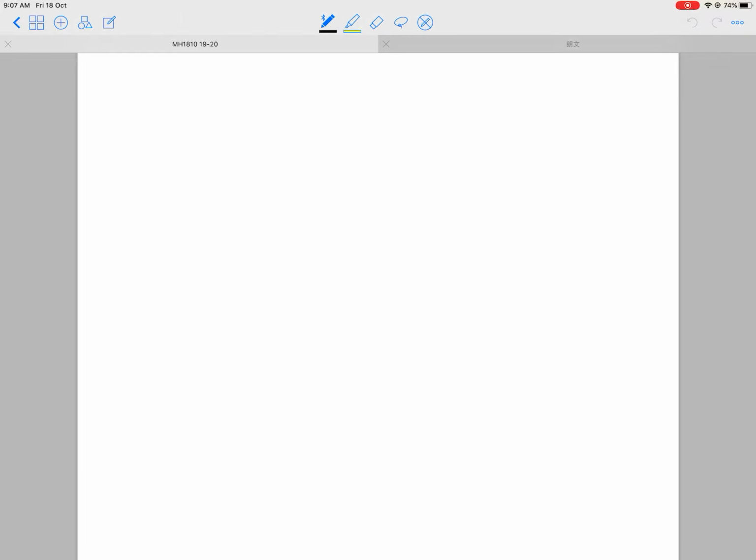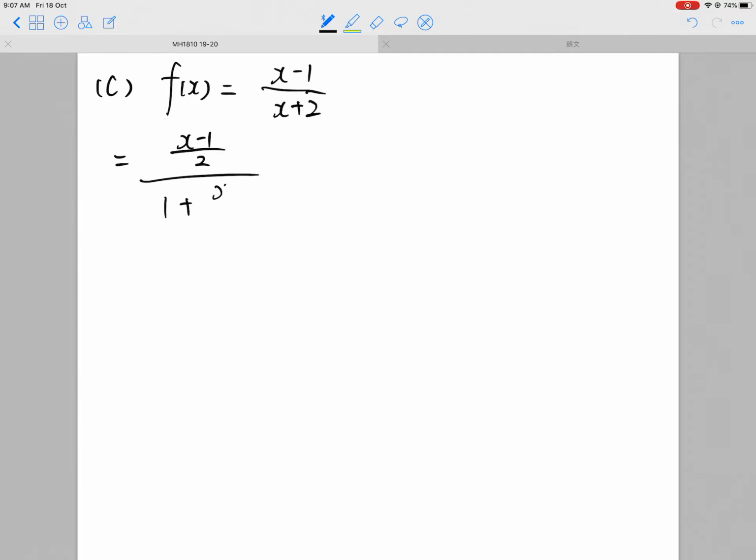Let's see part C. Part C, your f(x) is x minus 1 over x plus 2. Again, you want this to be 1, so you divide by 2 on both sides. So it's 1 plus x over 2. And you want this to be 1 minus something, so it's 1 minus negative x over 2.